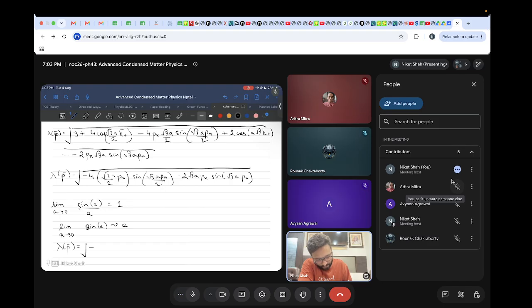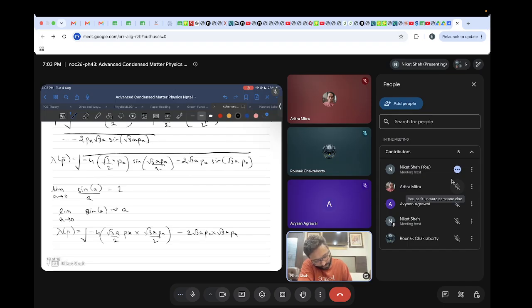Square root of minus 4 root 3a by 2 px into root 3a px by 2 minus 2 root 3a px into root 3a px. This gets cancelled. Root 3 into root 3 gives me minus 3a square px square minus 6a square px square.